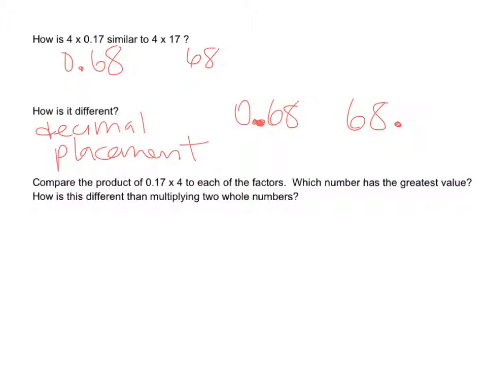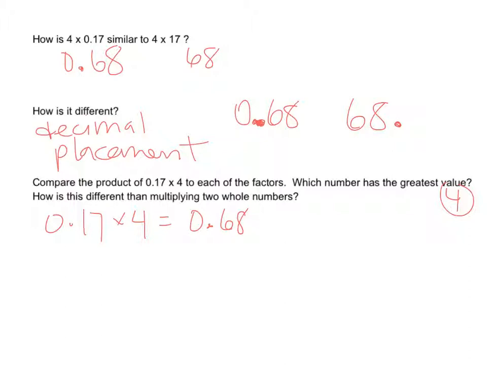Okay, as far as the number with the greatest value, that would be 4. Whoops, that would be 4. That one has the greatest value. Think about how this is different from multiplying two whole numbers. When we are multiplying our factors like this together, 17 hundredths times 4, 68 hundredths, we're used to seeing numbers where our product is bigger than both of our factors.